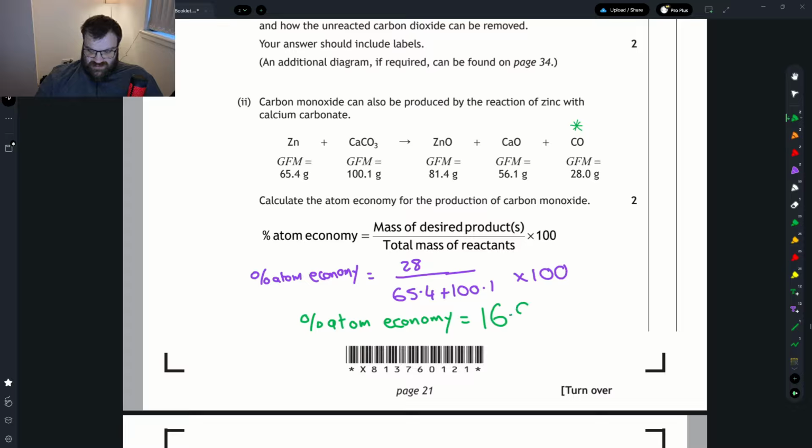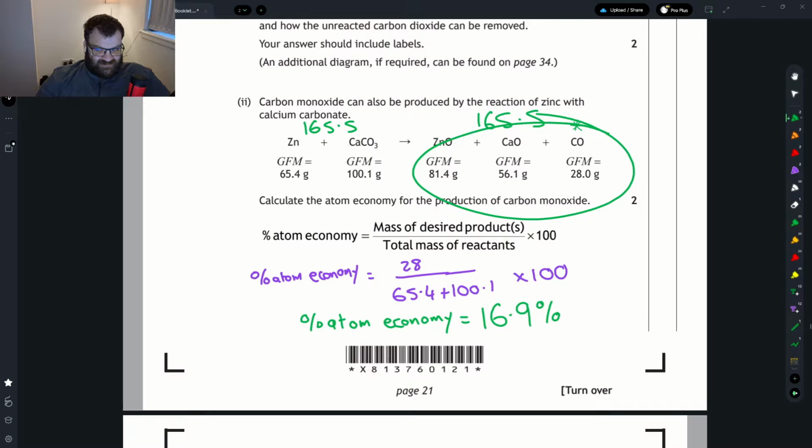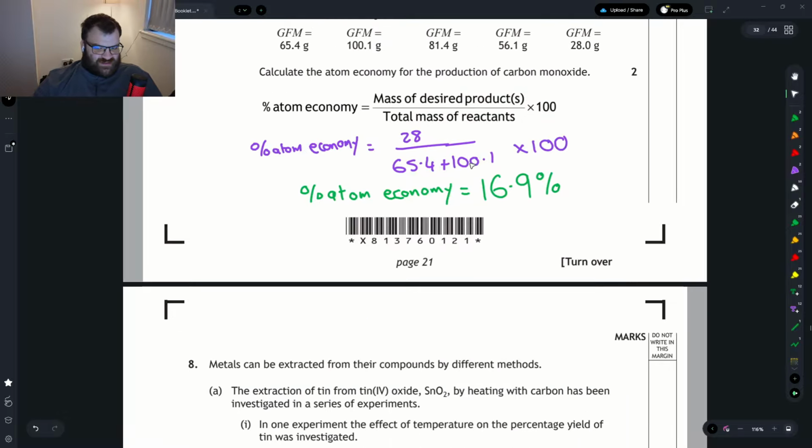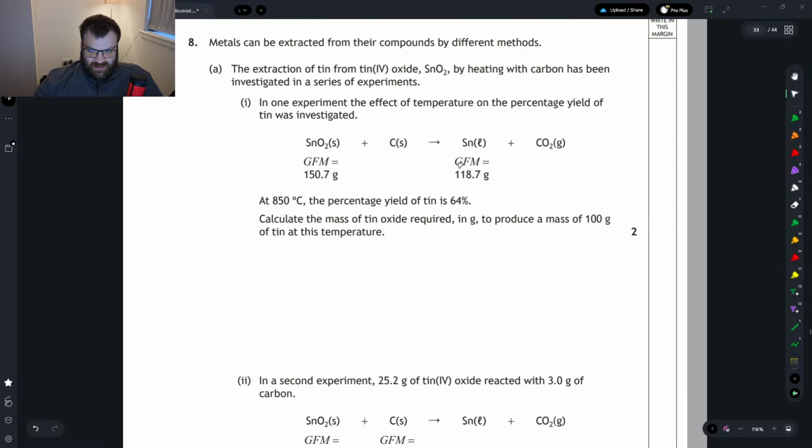Gives 16.9% atom economy. If it was easier with the numbers, we could have just taken all 3 of them together to give the same number in the bottom. Again, I'll make it very clear that if there are multiples of them, if there's balancing numbers, they have to be included. Otherwise, the masses will not be the same on both sides. And that's that one there.